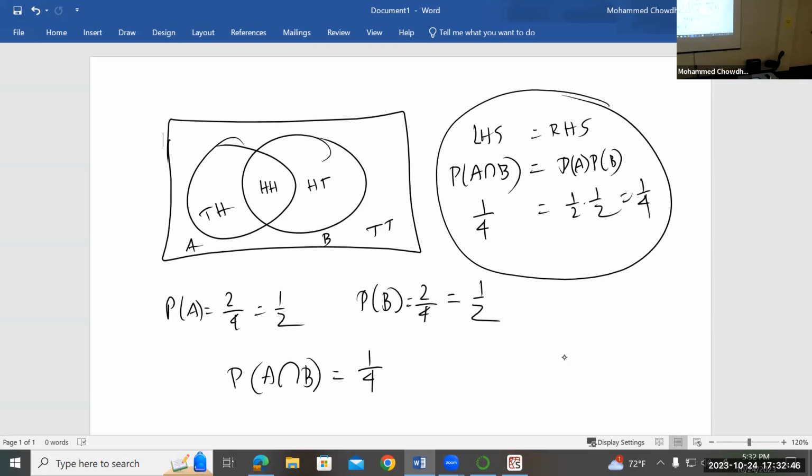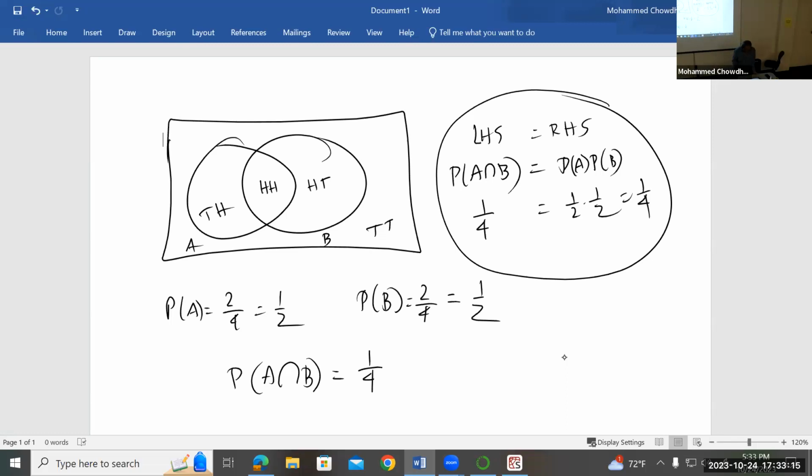On the other hand, this type of events could be independent, could be dependent, by this simple example. If I put this sample point either here or here or here, you will see that it will be dependent. And then compute the probability.